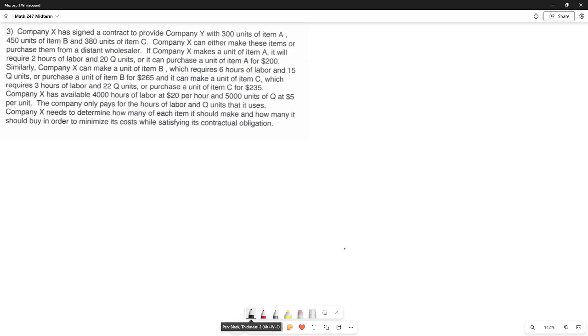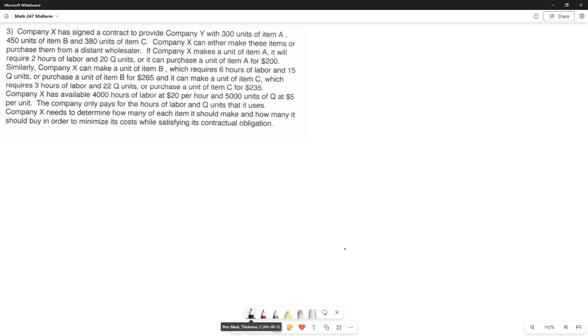Makes sense. Company X needs to determine how many of each item it should make and how many it should buy in order to minimize its cost while satisfying its contractual obligation. Right off the bat, we already know it's a minimization problem because it says minimize its cost. Now, we must figure out the unknowns.